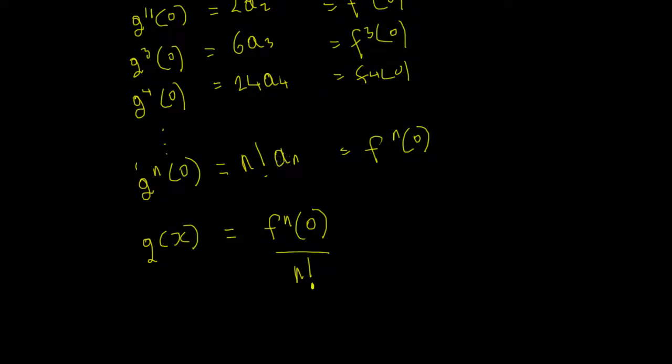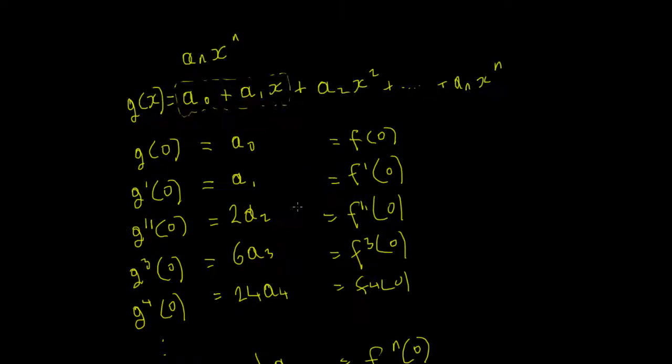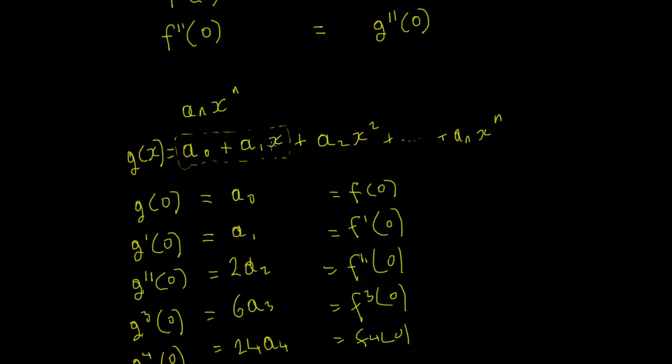So we can plug our values for an, which is this here, back into our function. All we'd be doing is multiplying our values for an, that's them there, by x to the power of n.